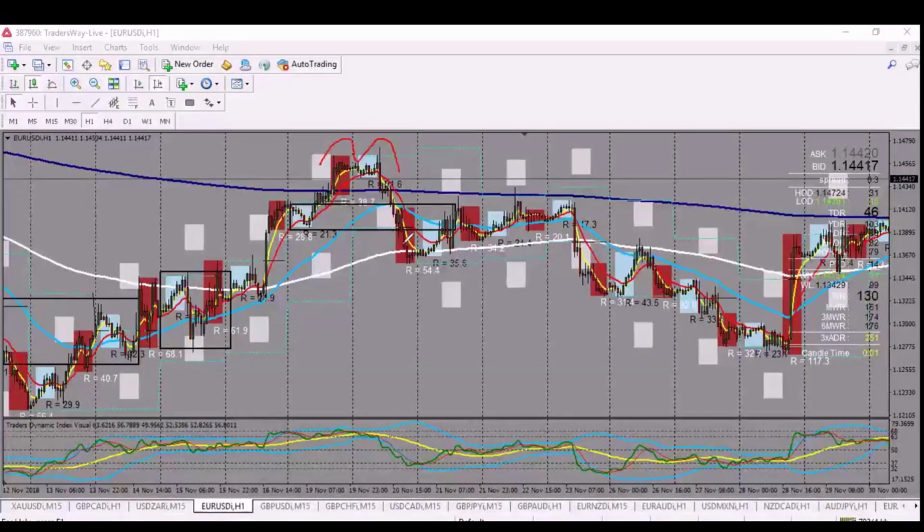So initially, we had what? So we had aggressive move to the downside, 1. Aggressive move, 2. And then a nice move, 3. 1, 2, 3.